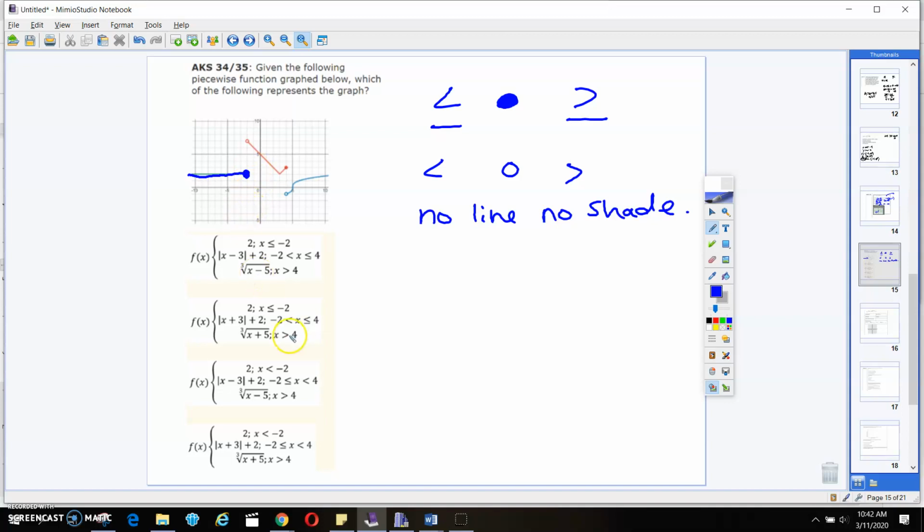So that means that in my inequality, it's got to have a line underneath. So I can cancel out answer choice C and answer choice D just based off of the fact that this is a closed circle, not an open circle. Haven't really had to do any math. Then I'm going to look at my other intervals and make sure that they're right. These are all the same.